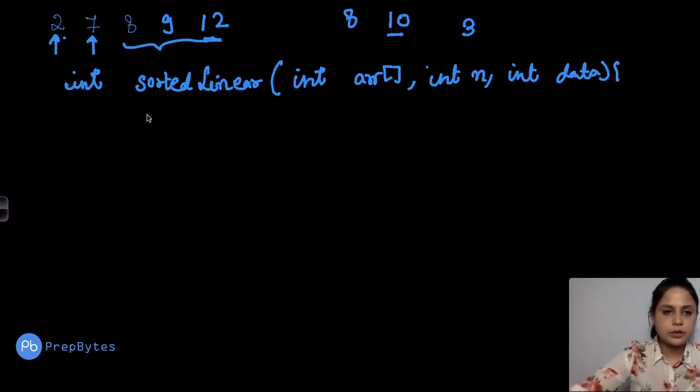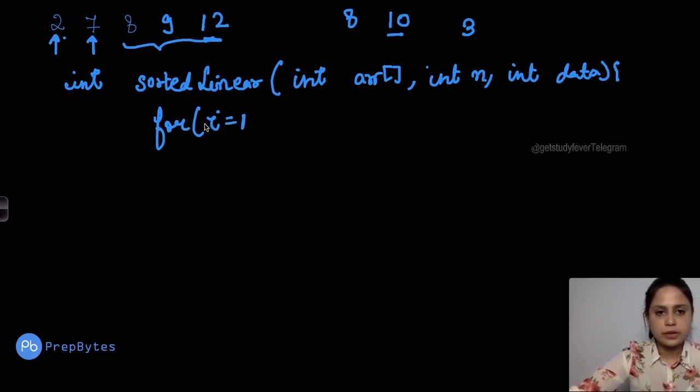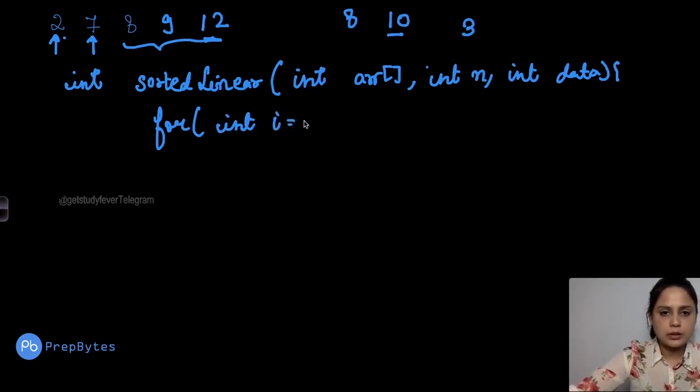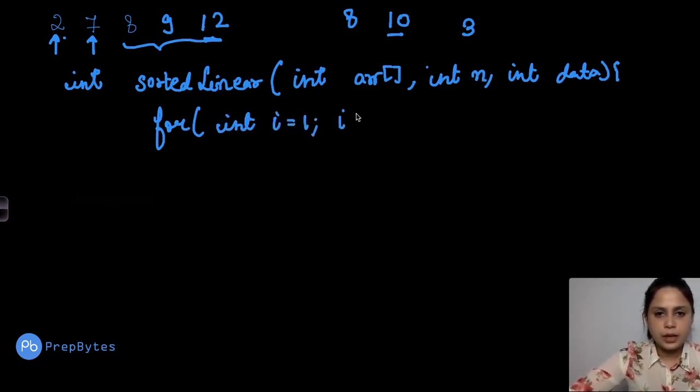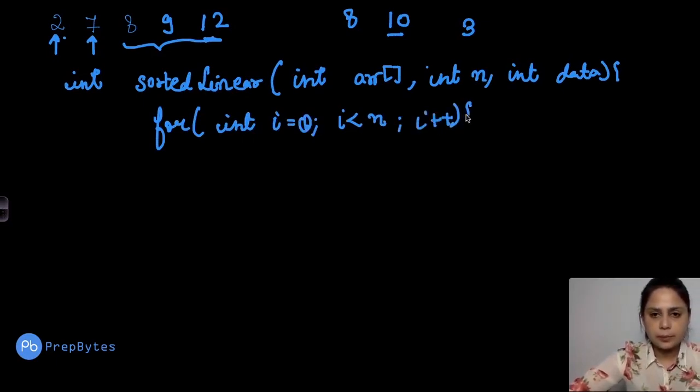Now I'll run a loop. We have to write int i. Let's just go back. Let's write int i equal to 1. I less than n. It's going to be 0, my bad. I plus plus.